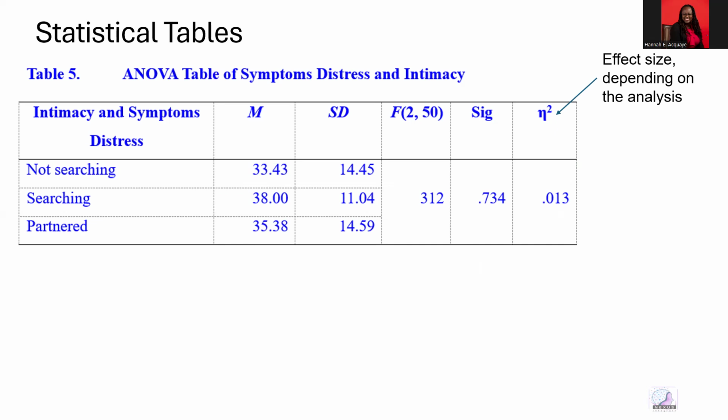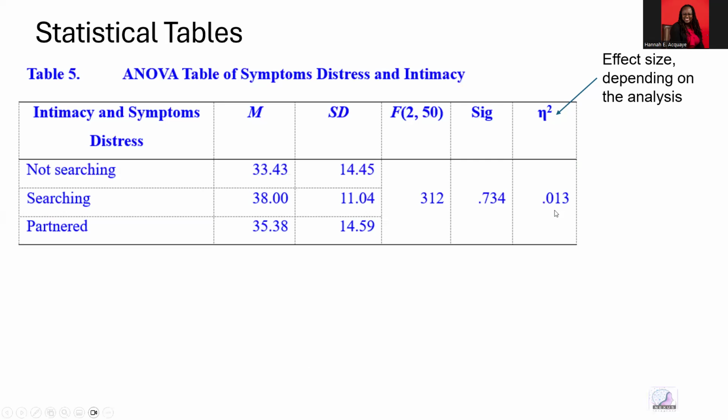So in performing ANOVA analysis, a common measure of effect size is the partial eta squared. And the general guidelines followed is if partial eta squared is 0.01, it is considered a small effect. If it's 0.06, it's considered a medium effect. If it's 0.14, it is considered large, okay?